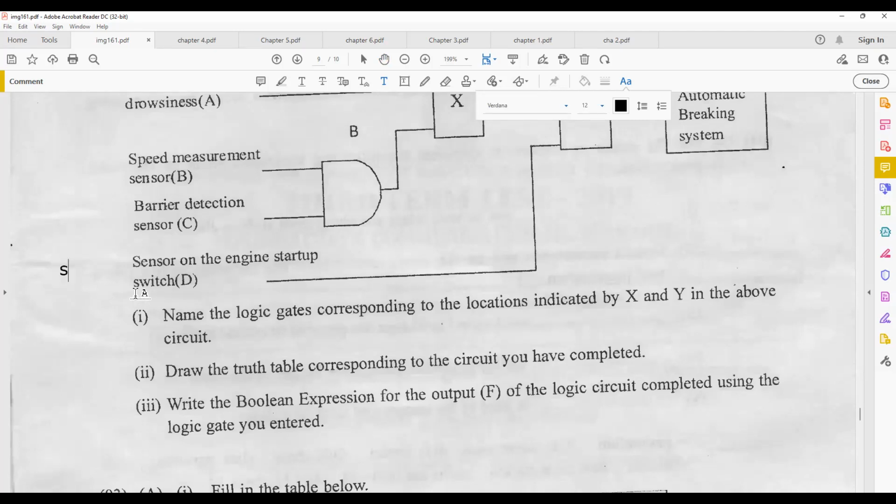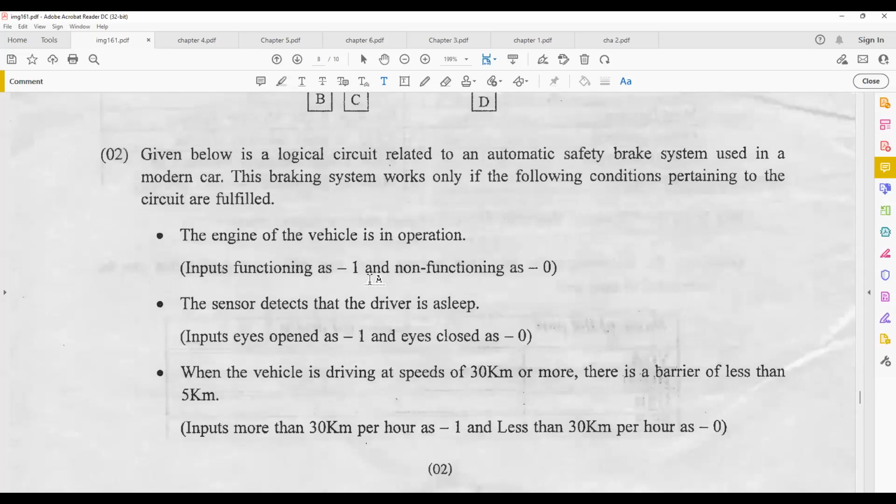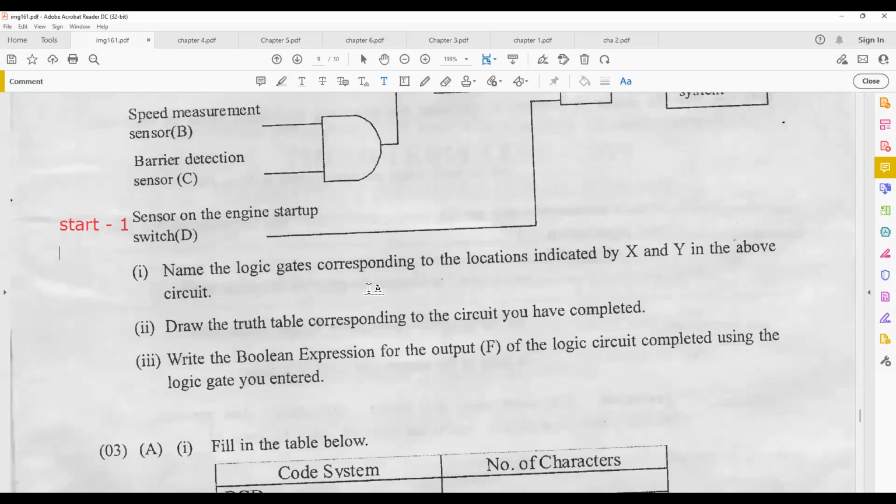So, engine start. If it is engine start, then it's 1. Yes, that's the first one. Not start, it will be 0.